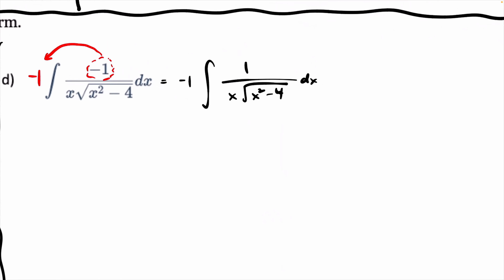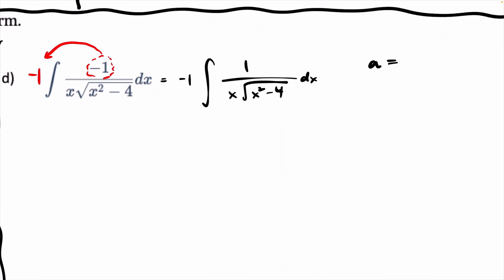So it's arc secant. What is going to be my a term and what is going to be my u term? A is 2, because 2 squared makes that 4. Good. What about u? x. Again, this one won't matter with the substitution, but it's good habit to do this so that you never forget to do it.